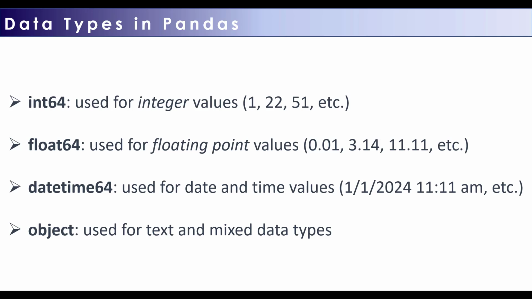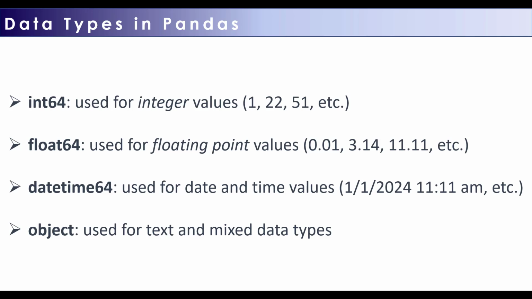Now, whether we create a data frame from scratch or create one based on an external data set like we've been doing with the read_csv method, Pandas will assign these data types to the columns in that data frame automatically based on the data it sees in the columns. But as you'll see soon enough, we also have the ability to override Pandas' choices and assign data types of our choosing, with the only restriction being all the values in that column have to be compatible with that data type.